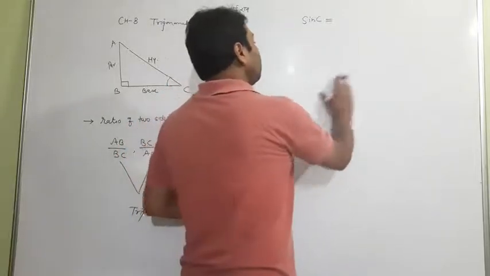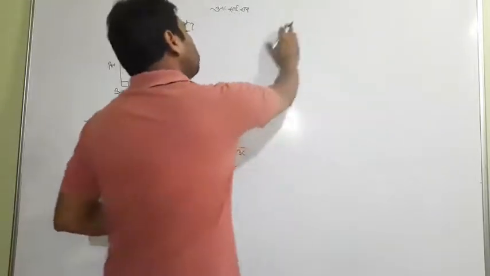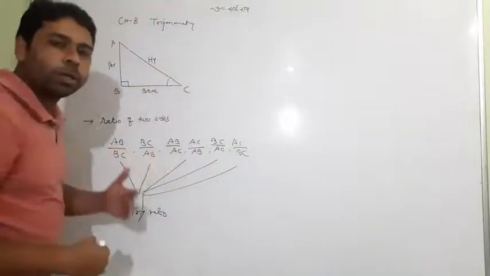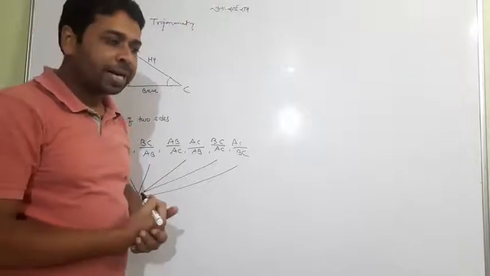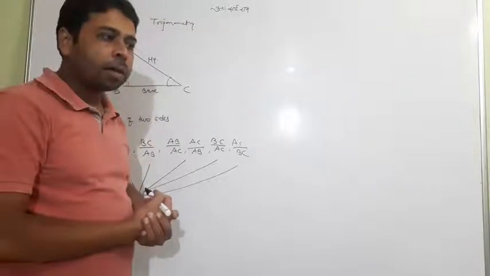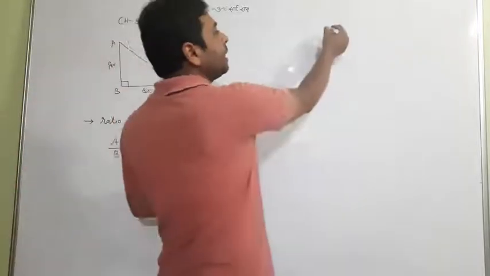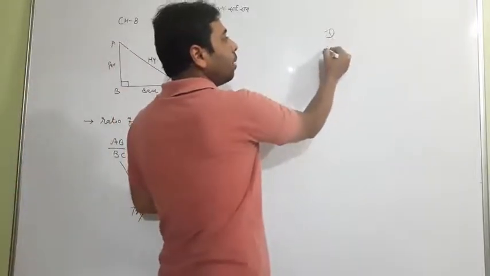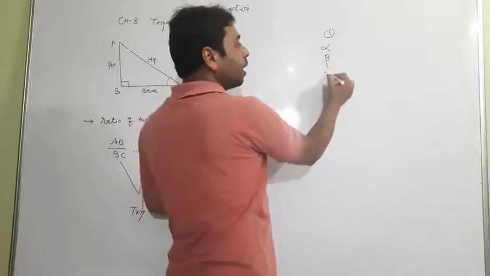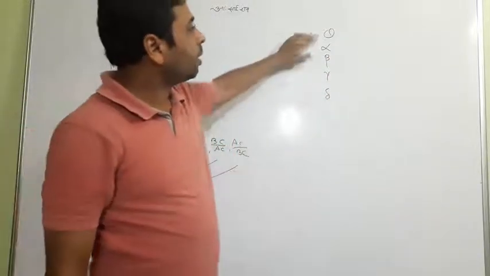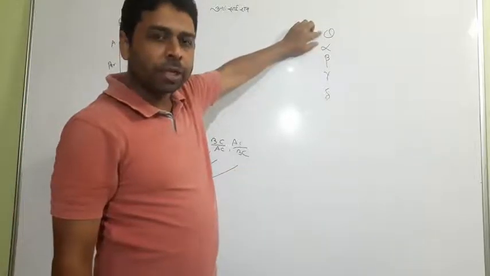Okay, one more thing I want to say: C you can write, but now you should be familiar that acute angles are actually denoted by specific symbols like theta, alpha, beta, gamma, delta. Now you are in class 10, theta is the famous one.